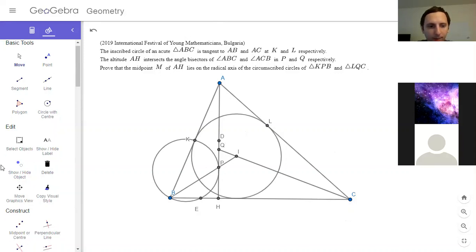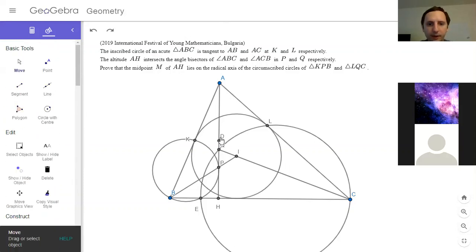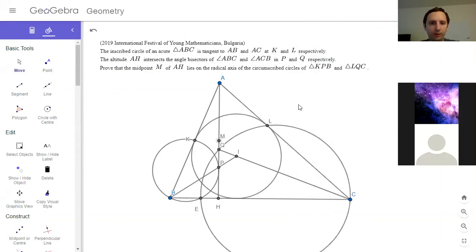So I'm going to unhide it. Let me call the midpoint M instead of B. I wonder if I can use Casey's theorem. Basically, if we draw this point, we want to show M, D, and E are collinear, right?